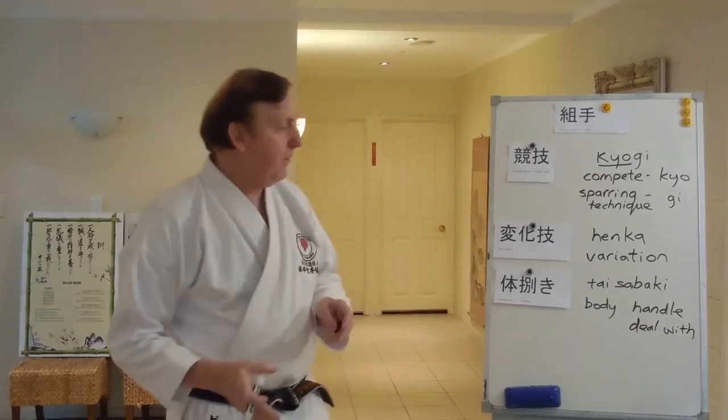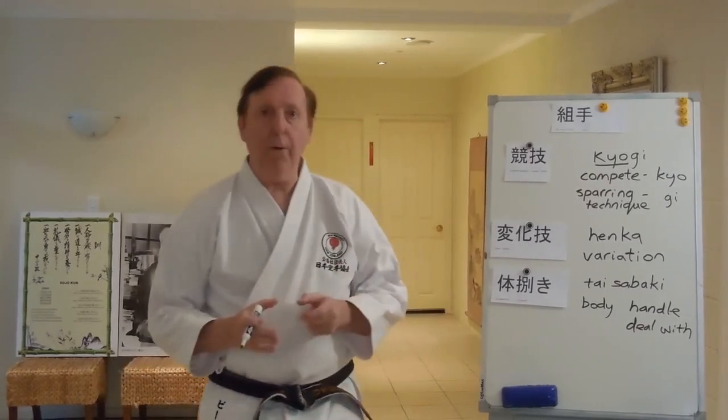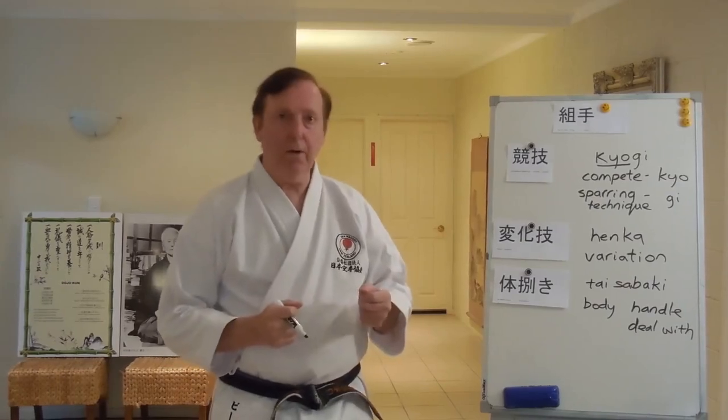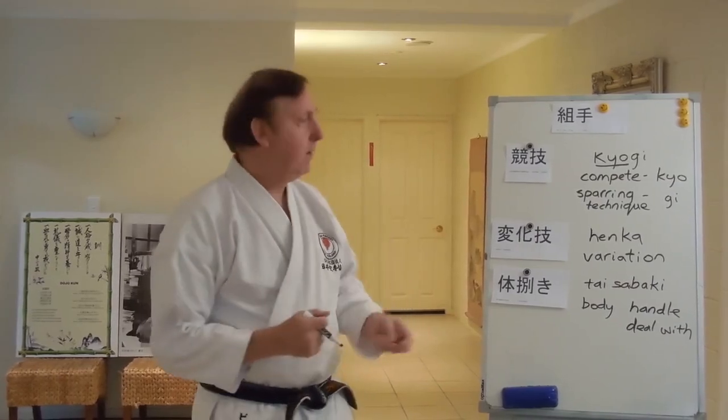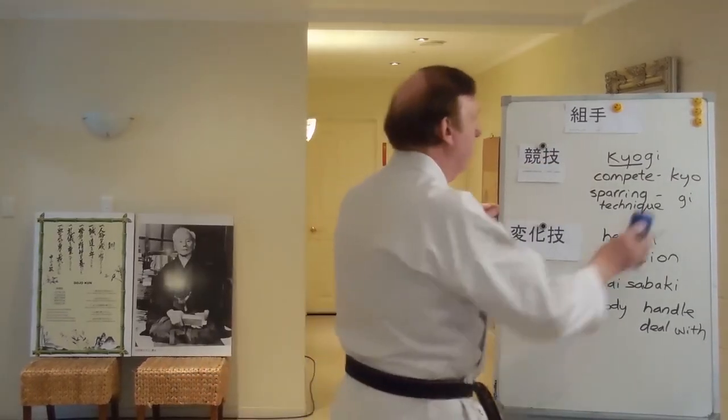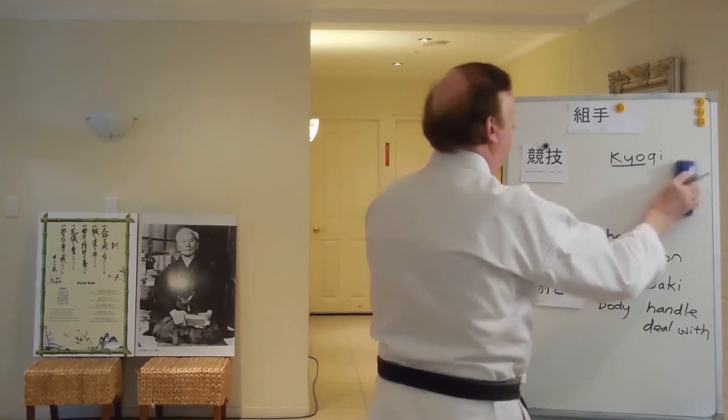So the whole concept is movement of the body as a practical drill for teaching someone how to compete. So this is part of Kyogi Kumite. Right, so that's the first one there.